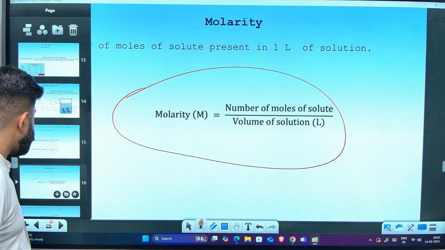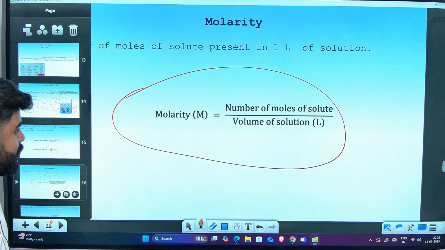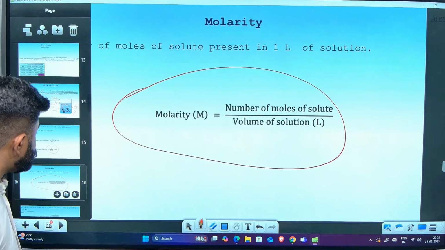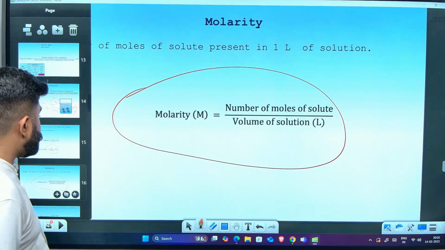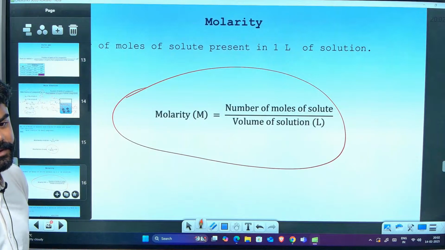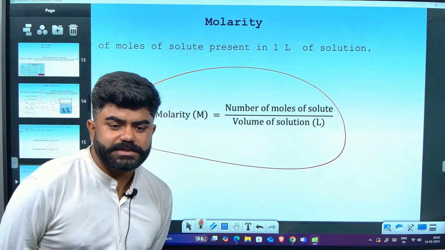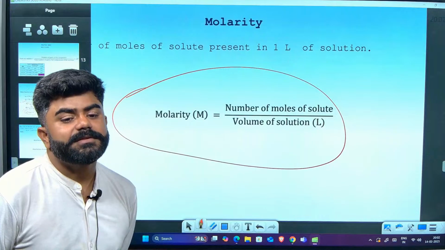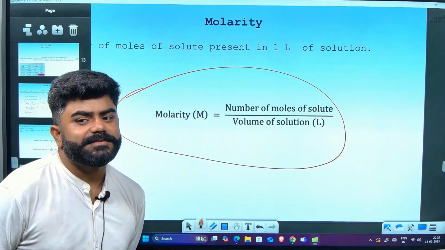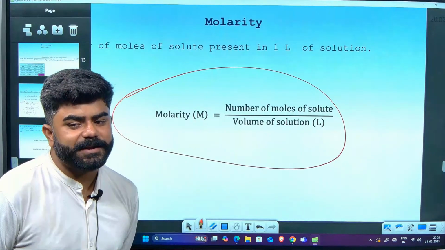I'll repeat the question. Calculate the molarity of a solution containing 5 gram NaOH in 450 ml solution. That is the question. Wait, I'll explain.